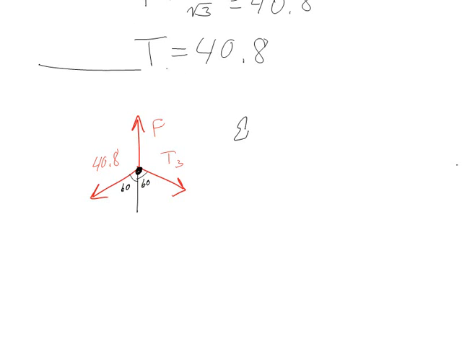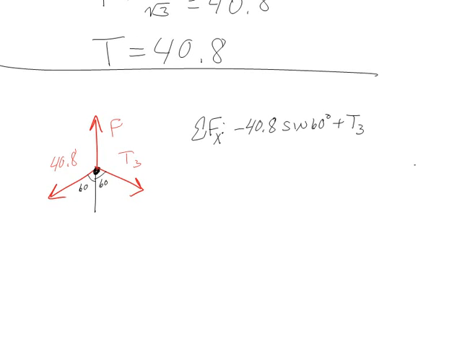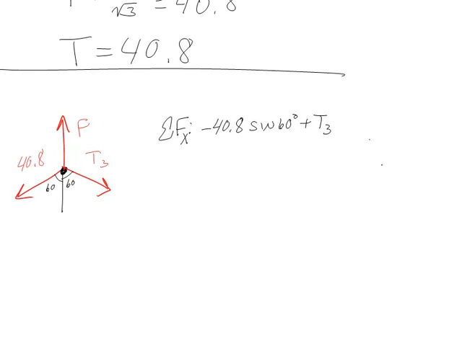So the sum of the forces in the x direction is negative 40.8 times the sine of 60, plus T3 times the sine of 60, and that's equal to 0, which again tells me that T3 is equal to 40.8. So this isn't really T3, this is still 40.8.